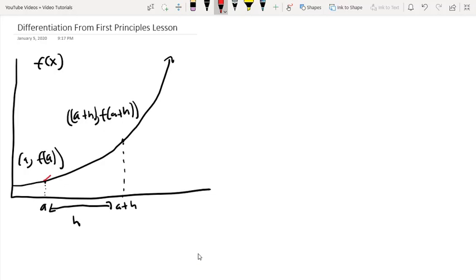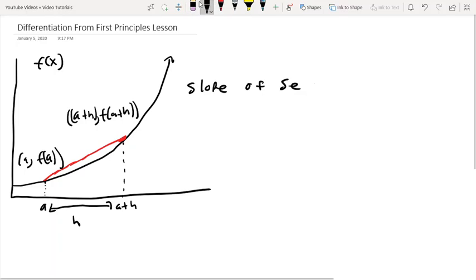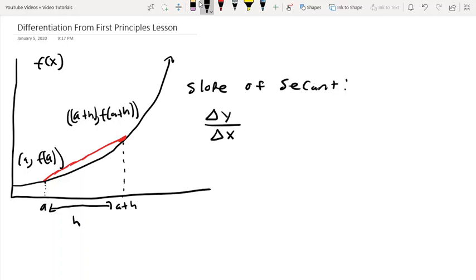So if we drew a slope line here, try to make it as straight as I can, and it connects these 2 points together, we would know that the slope of the secant would be equal to the change in y over the change in x, right? It would be this delta y over top of this delta x. That would be the slope of the secant line.